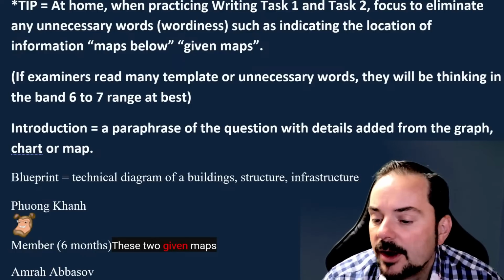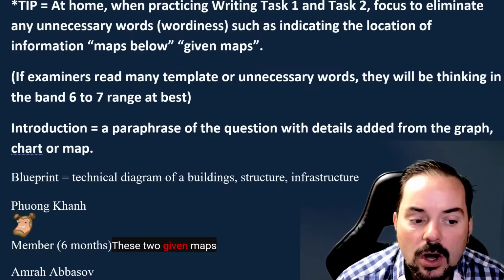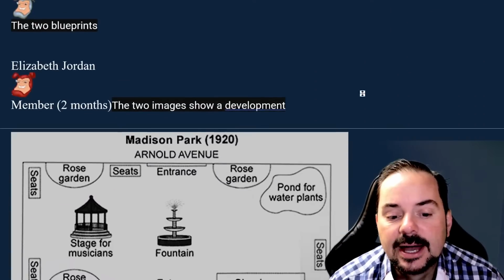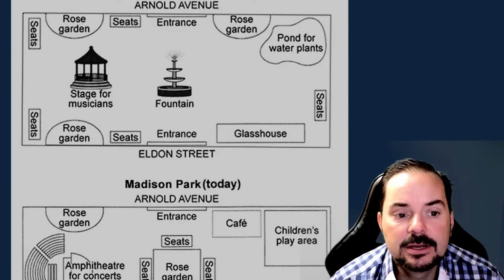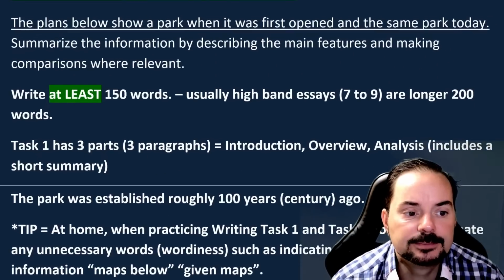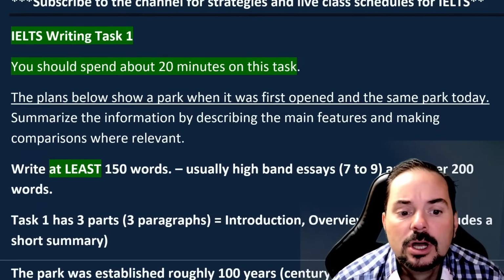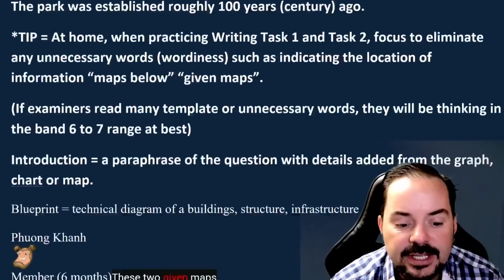Okay. All right, I see Domenico, Elizabeth, James are kind of anxious to get going on this introduction, so let's do that. So let's take a look at these two maps again, and then we will start the introduction. So here it says the plans below show a park when it was first opened and the same park today.